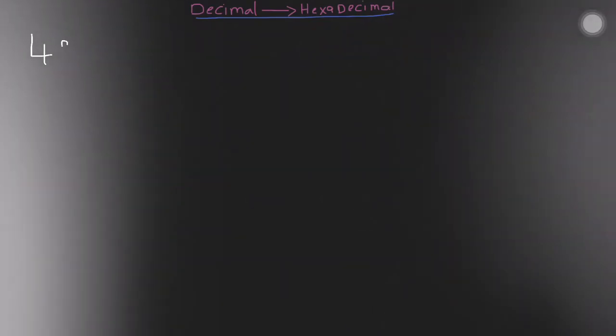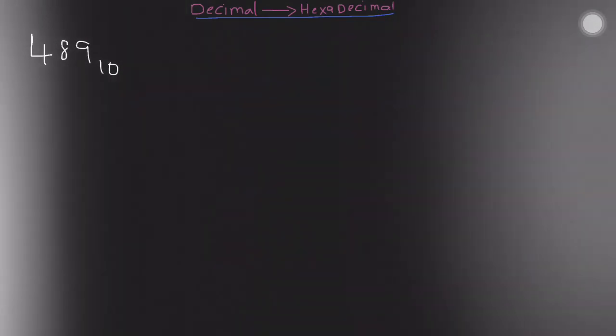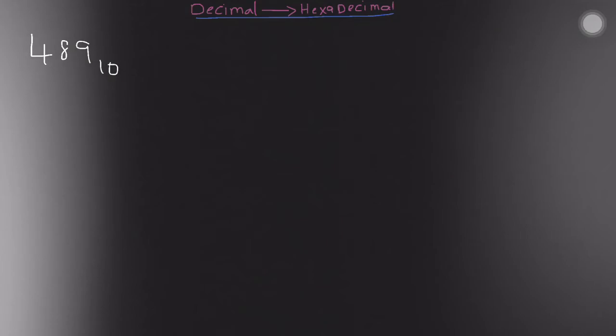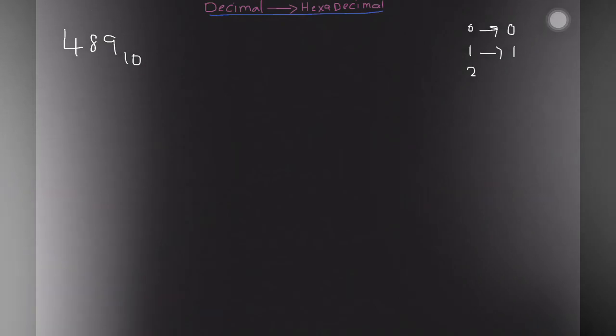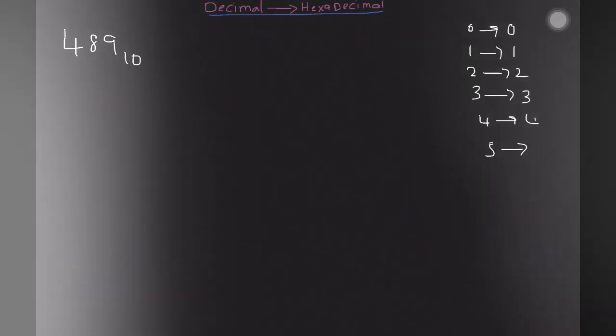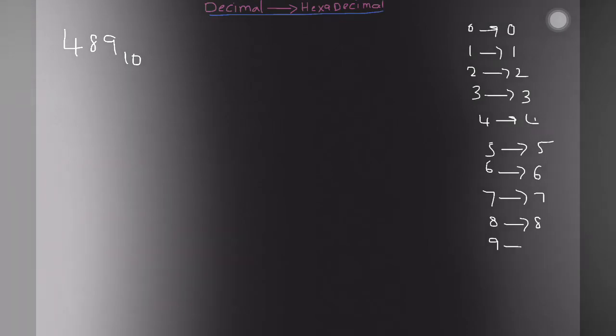Now I'm going to show you how to convert from decimal to hexadecimal. I have 489 to the base 10 and want to convert this decimal number into a hexadecimal number. Before that, we need to know that 0 corresponds to 0, 1 to 1, 2 to 2, 3 to 3, 4 to 4, 5 to 5, 6 to 6, 7 to 7, 8 to 8, 9 to 9.